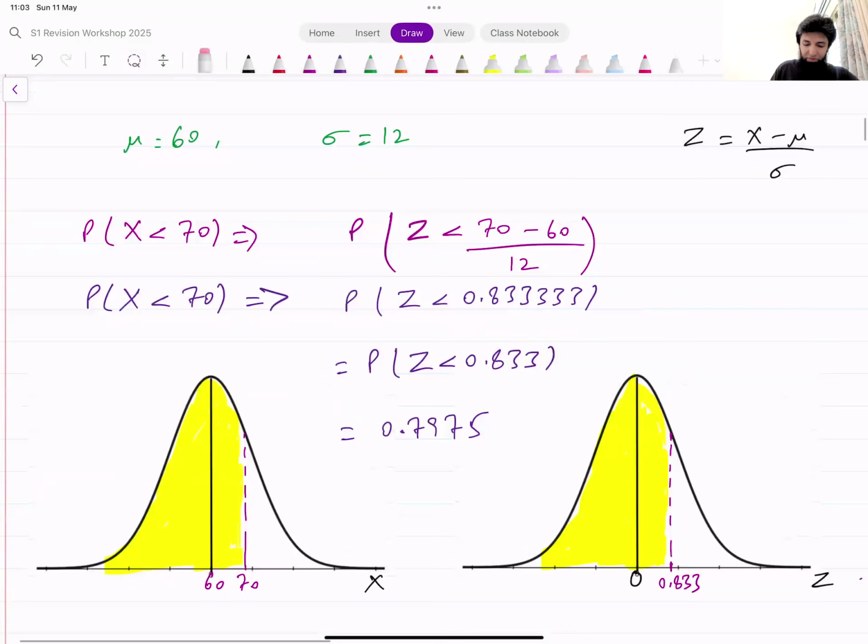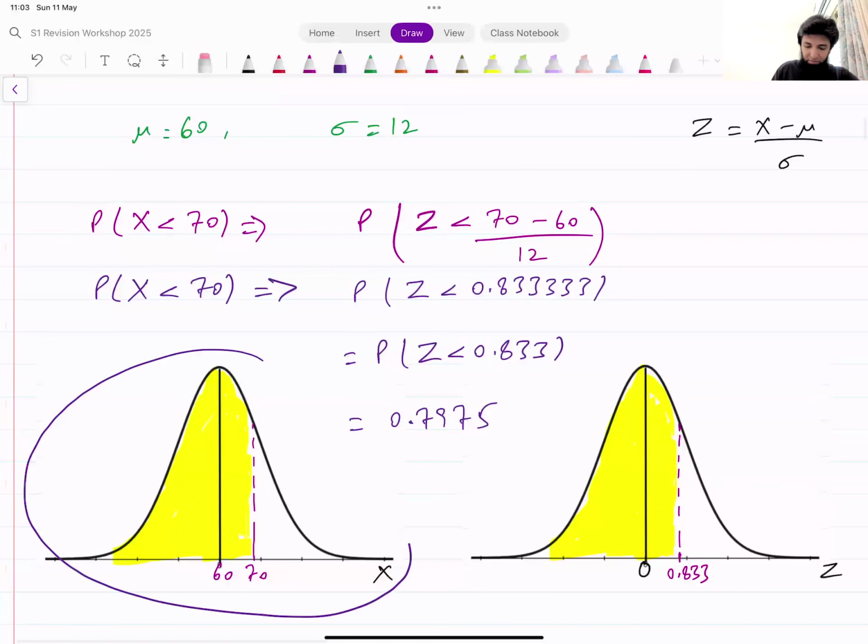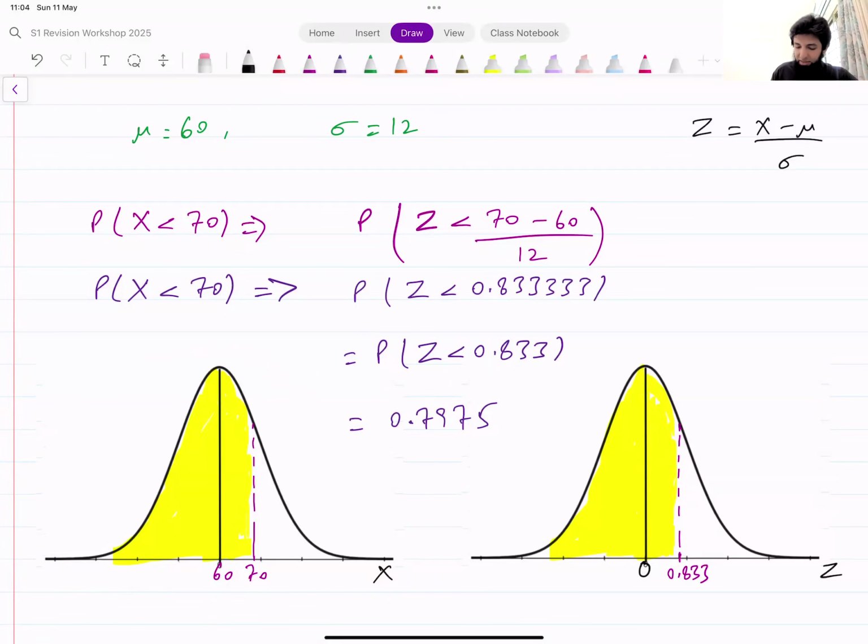So the original distribution looked like this, with 60 as the mean, and we had to find the area to the left of 70. What we do is we convert that to the z distribution such that the mean is 0, and we say that in the x distribution, this area to the left of 70 corresponds to the area to the left of 0.833 in the z distribution.